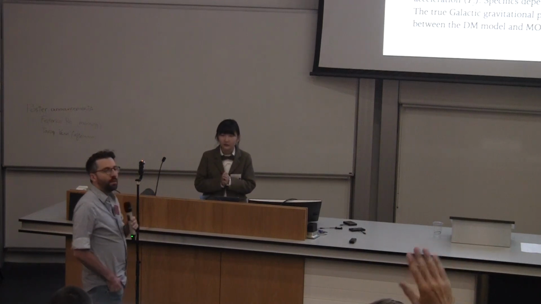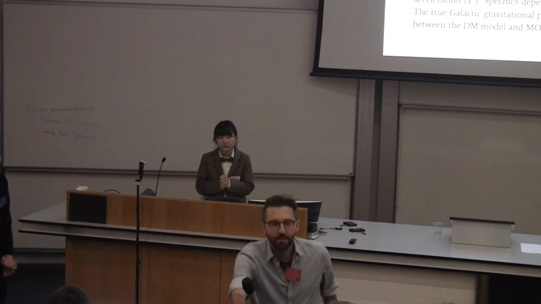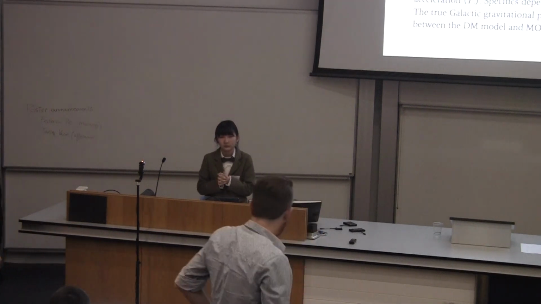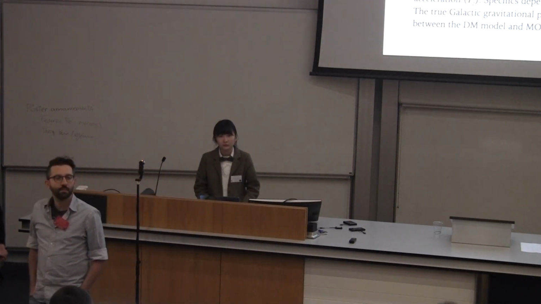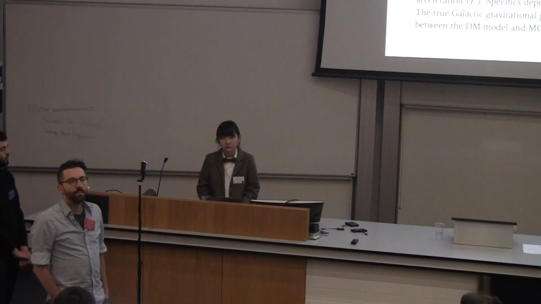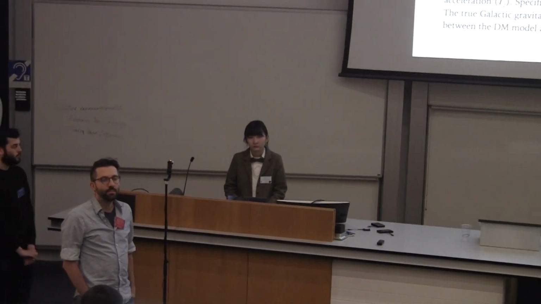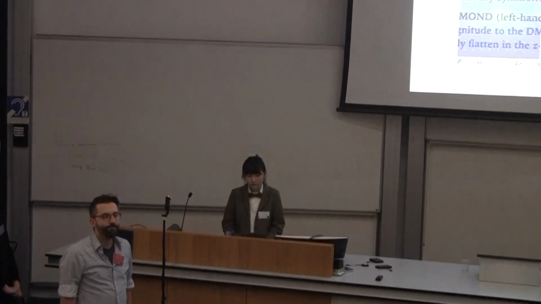Okay. Any other question? Yes. I'm a bit confused at the fact that the MOND model seems to fail or to be a bit of a poor fit at very small distances from the galactic center, interior to 4 kiloparsecs.